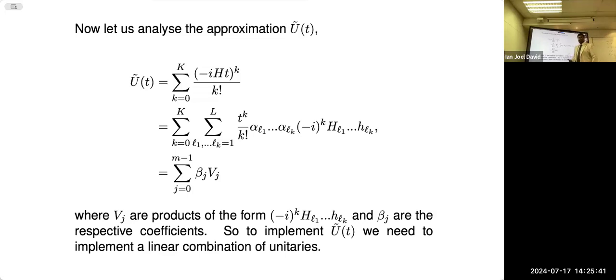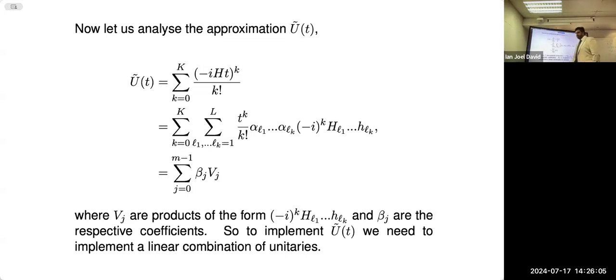Now, so far, we looked at product formulas because we said it's natural to implement products of unitaries in quantum computing. That's how you do quantum computing. It's products of unitaries. But now, for us to do this type of simulation, we need to do a linear combination of unitaries. This is a sum of unitaries. So it's no longer just a straightforward U1 times U2 times U3 and so on and so forth.